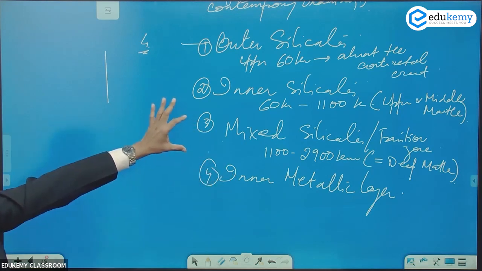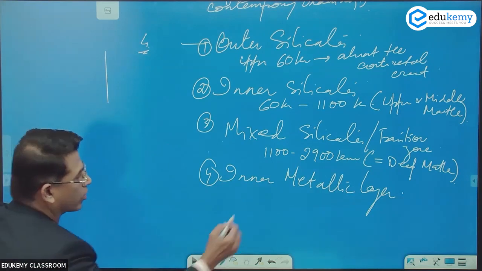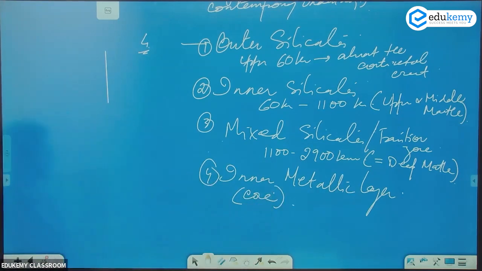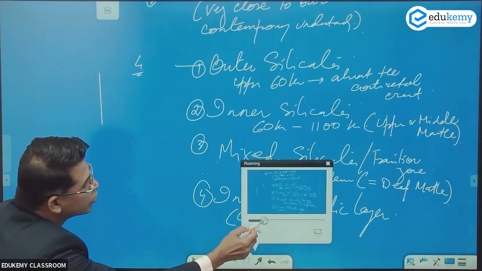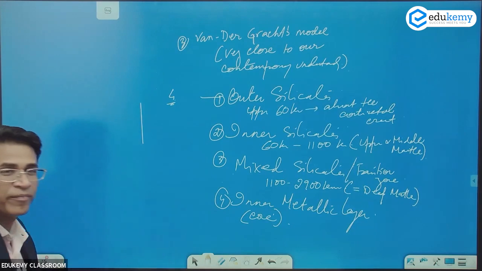That is the deep mantle. And the inner metallic layer, this is the core. The iron and the nickel layers, this is almost the core. Likha aapne all of you? I said, ye jo layering hai, this is closest to our contemporary understanding.